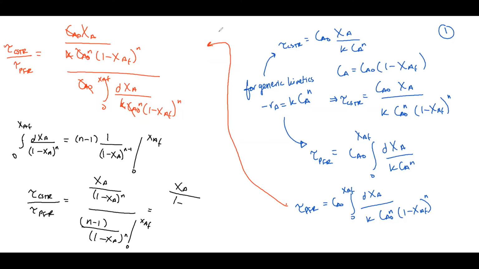I get XA over 1 minus XA to the n divided by n minus 1, into 1 over 1 minus XA, minus 1. Does that make sense?